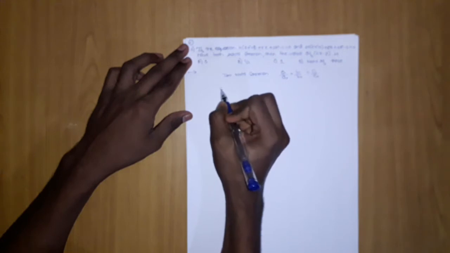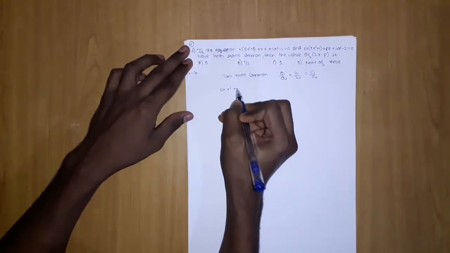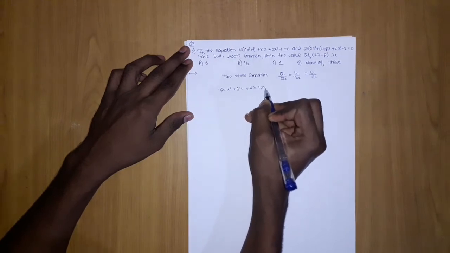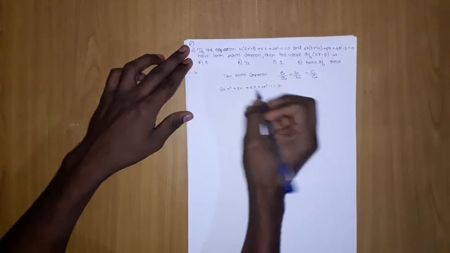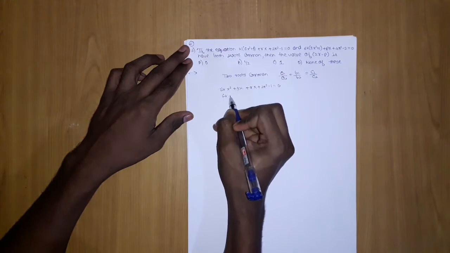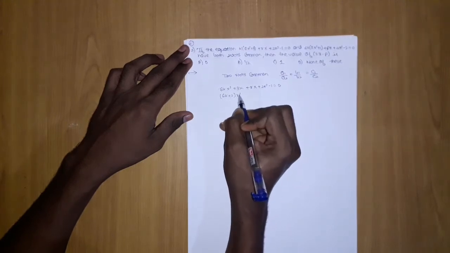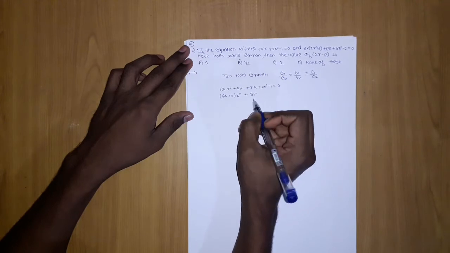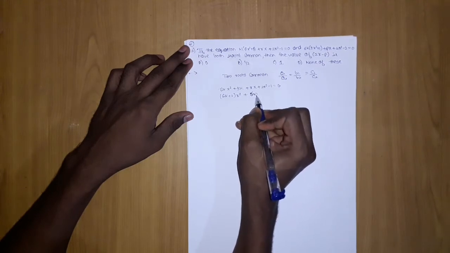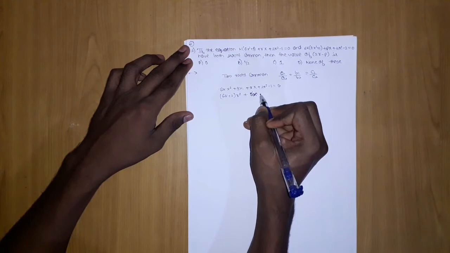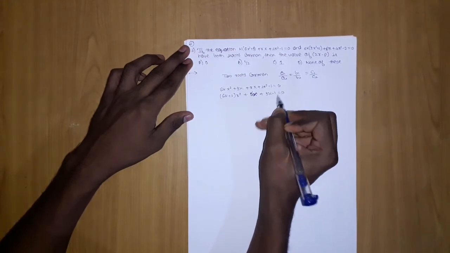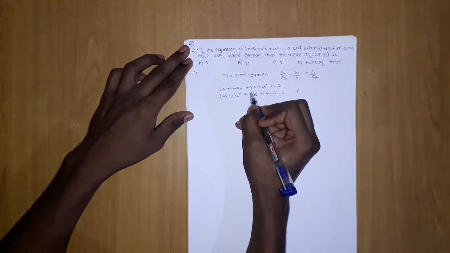It will become 6k x square plus 3k plus rx plus 2x square minus 1 equal to 0, which we simplify as 6k plus 2 x square plus rx plus 3k minus 1 equal to 0. This will be our first equation.